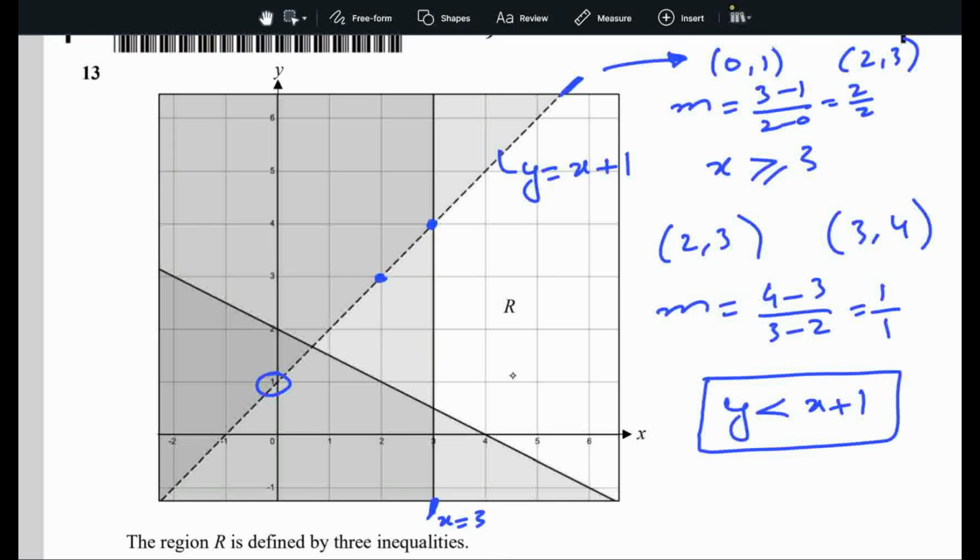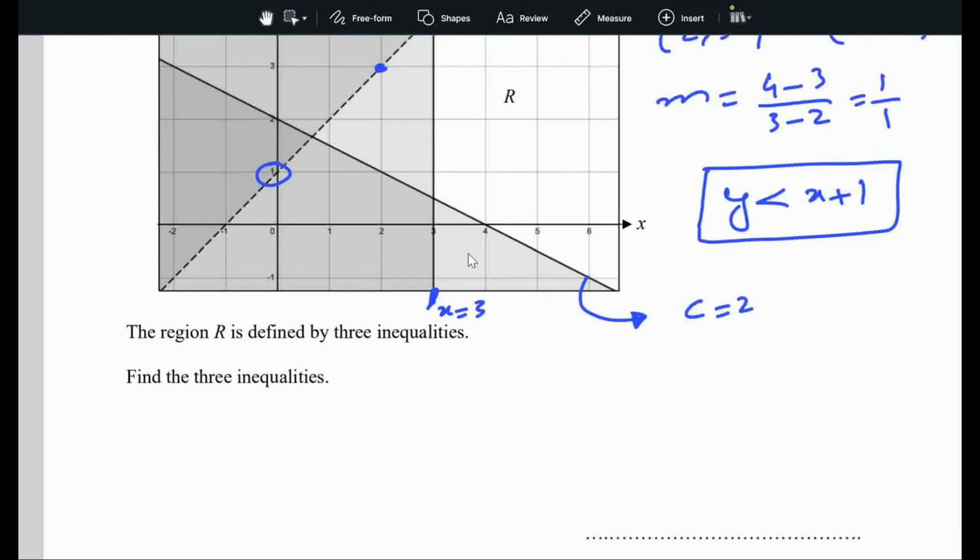Now what about this other line? For this line, we have to find the gradient. C will be 2, we know this, and for the gradient we can use any two points. Let's say the first point is 2 and 1, and the second point is 4 and 0.